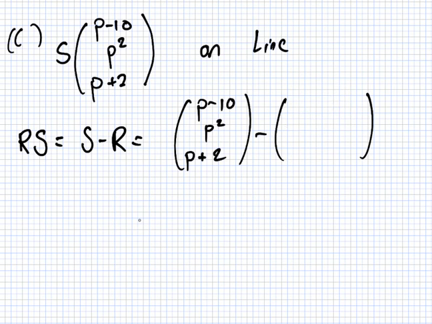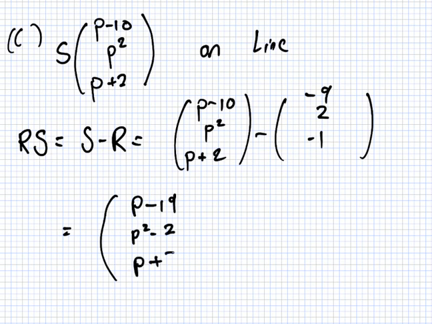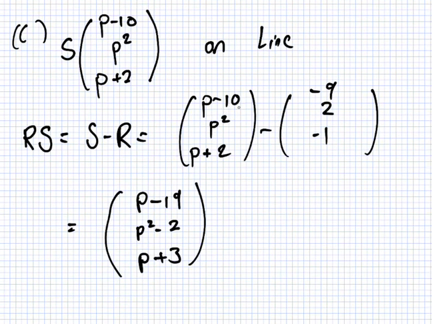OR is minus 9, 2, minus 1. Okay. So this will be p minus 10 plus 9, p squared minus 2, p plus 3 minus 1, minus 2.